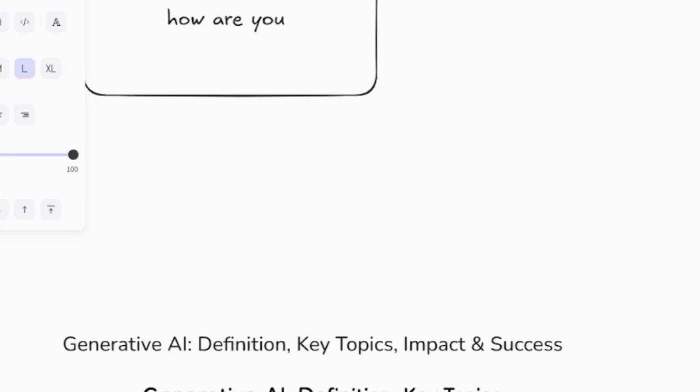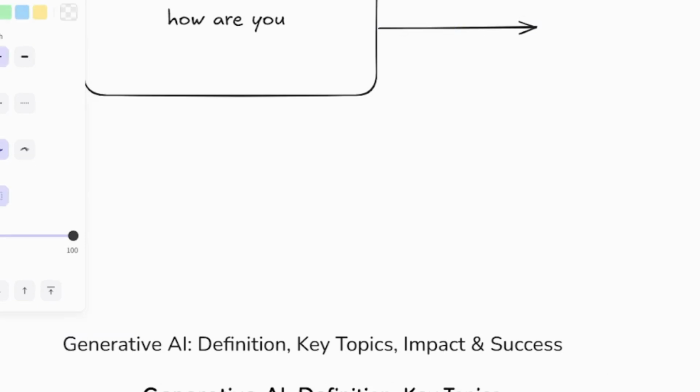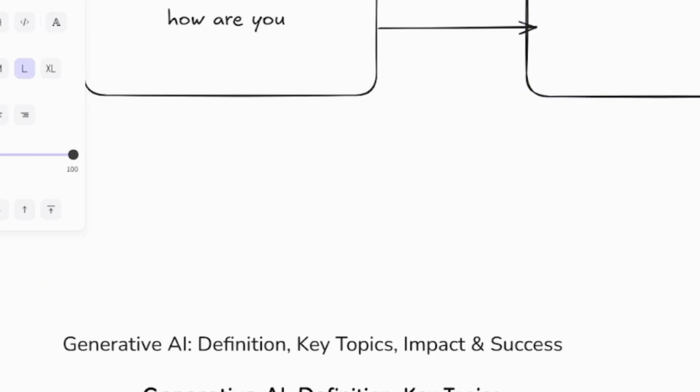You ask this question, and this question moves from the chatbot to the LLM. This is ChatGPT, and this is the large language model.